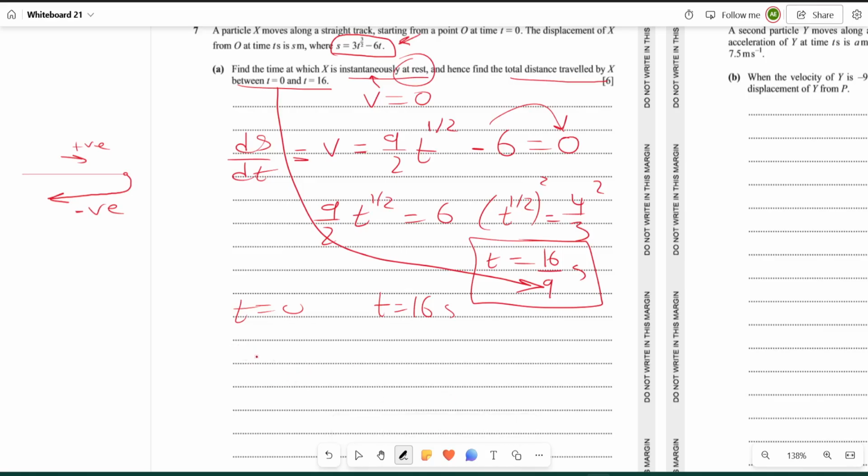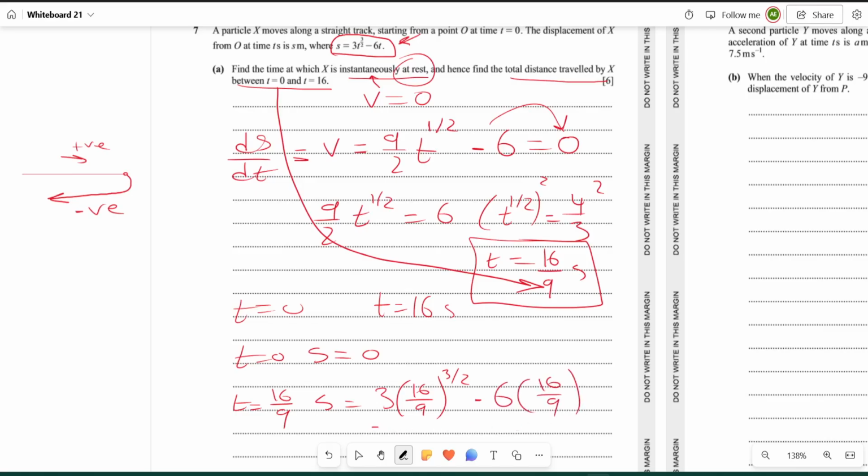So at t equals 0, s was equal to 0. At t equals 16 over 9, s is equal to 3 times 16 over 9 to the power of 3 over 2 minus 6 times 16 over 9.